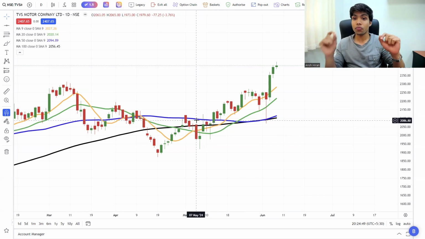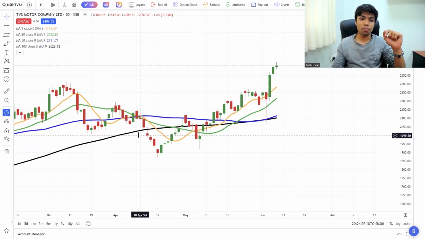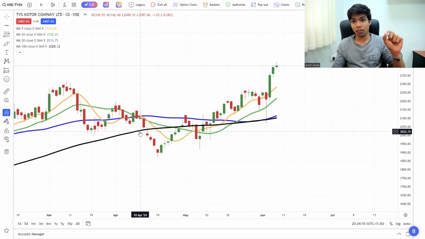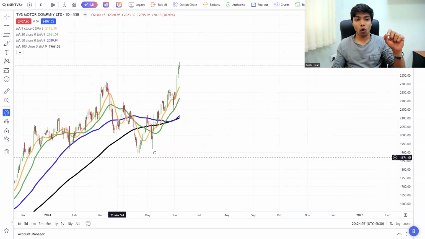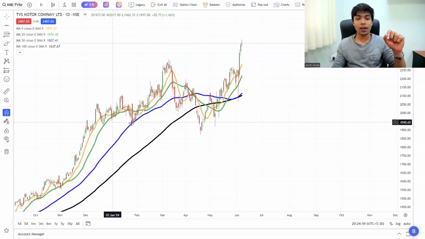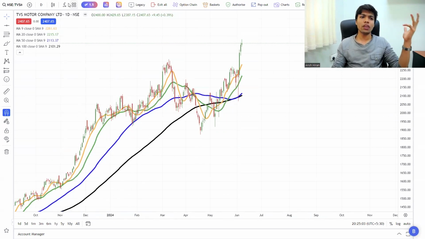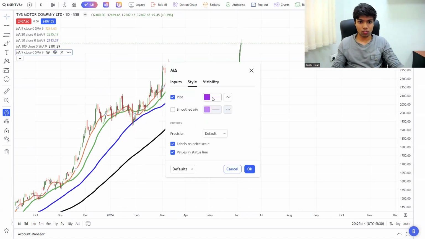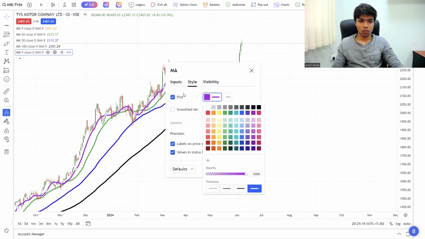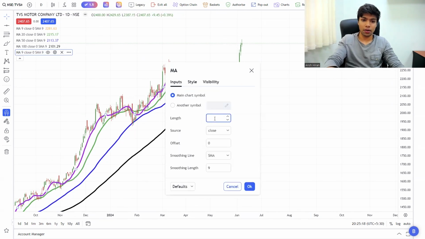That means the average of the closing price of previous 50 candles, and the black one is 100 moving average. It means it is the average of previous 100 candles closing. That's a huge number. I'll put even one more. Okay, let's put one more, and let's make this 200.